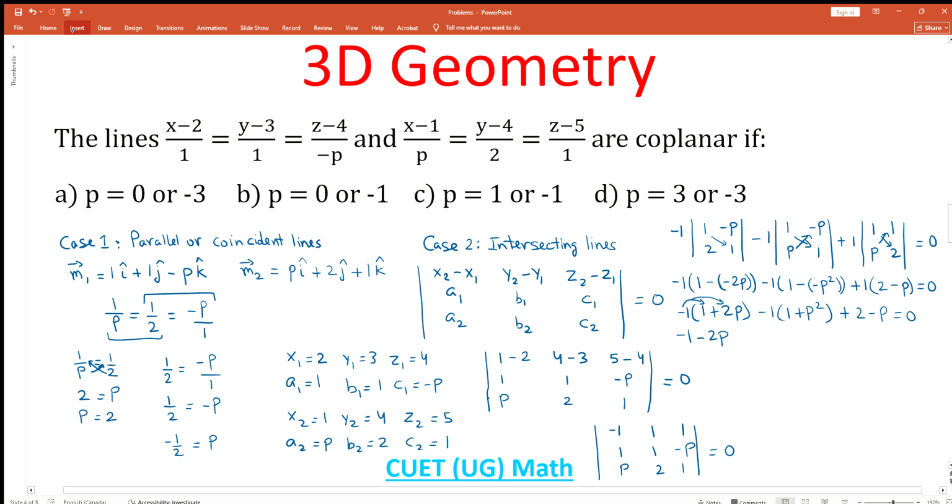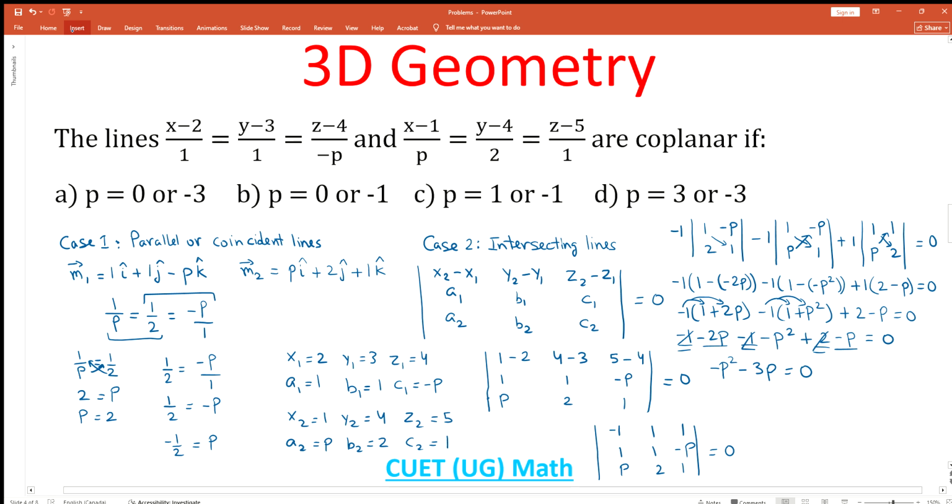We do the same for the second parentheses. I get negative 1 minus p squared plus 2 minus p equals 0. Next, we can combine like terms. Negative 2p minus p is equal to negative 3p. Negative 1 and plus 2 cancel each other out.